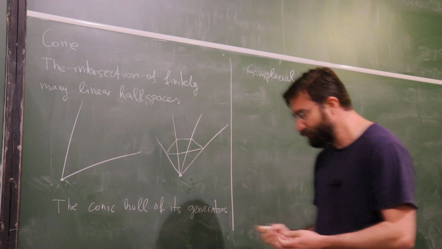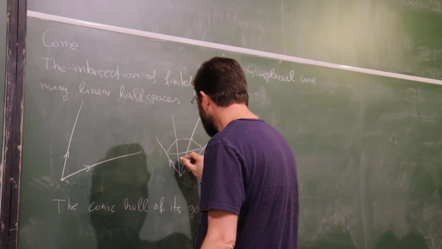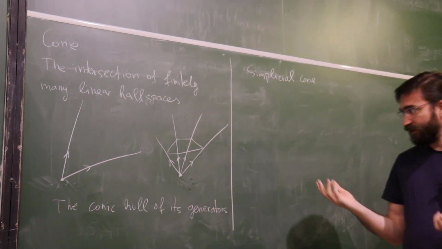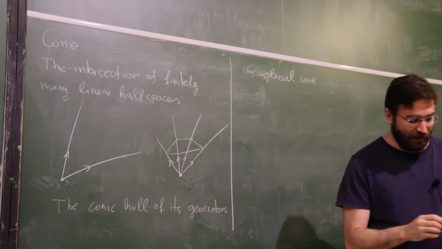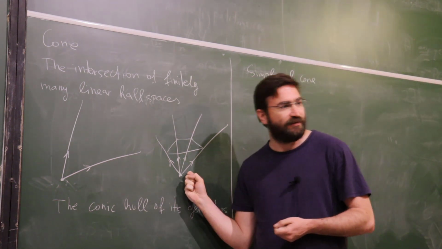What are the generators? Here, for example, these are called the extreme rays of the cone, for which I will give better names later.